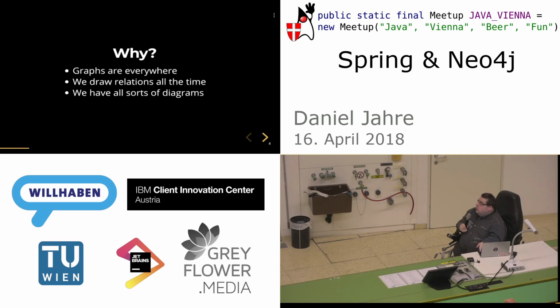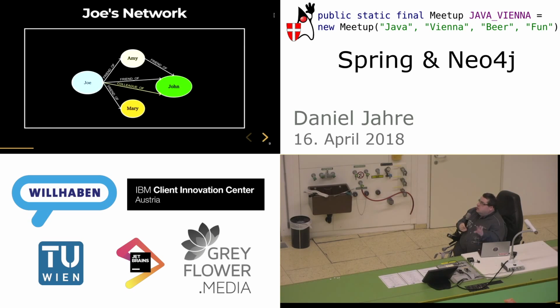Even then, of course, we have a lot of diagrams, but okay, this is a simple example. We have Joe, and Joe has a lot of friends, and what we can see here in this example is that some of the friends of Joe are connected.